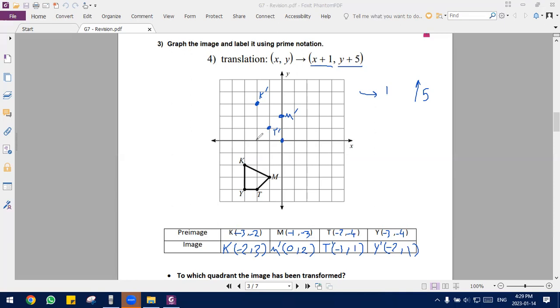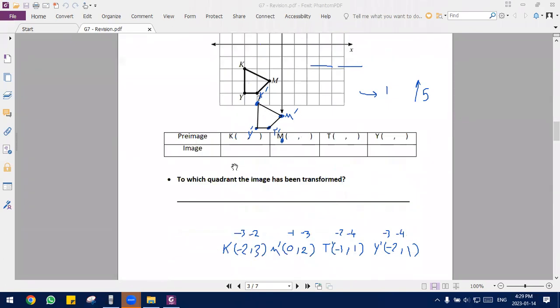So -2, 1. It's here. We call it y prime. Now we match them with the small straight lines. Yes. So this is the image after I translated 1 step right, 5 steps up.